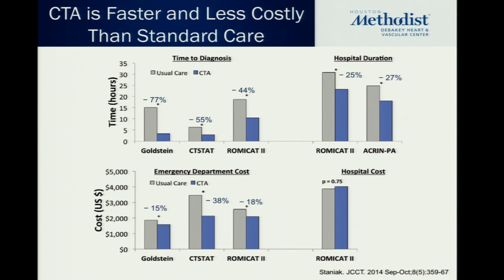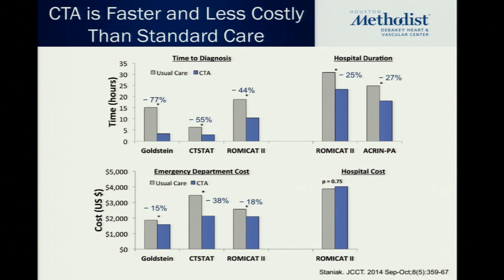But what CTA did show was, so why is there excitement about it? Well, the excitement was when you looked at time to diagnosis compared to usually nuclear imaging, you were able to, in all of these studies, cut your time to diagnosis almost by 50%.